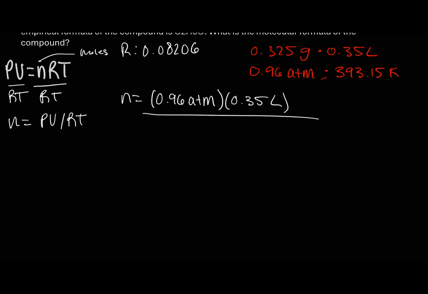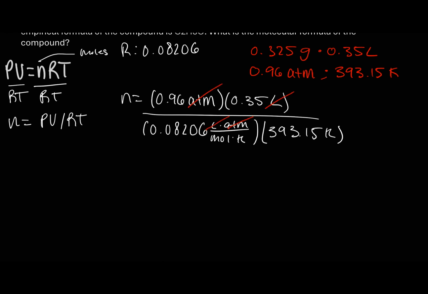It could also be 0.08206 and then some more digits, but in this case we can just round it and plug in 0.08206, and this will be in liters times atmosphere over moles times Kelvin. And our temperature will be 393.15 Kelvin. Now, once you plug all of that in, you will notice that atmosphere, liters, Kelvin all cancel out, and we are left with the moles of the solution.